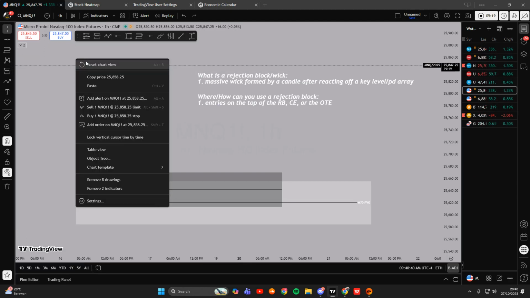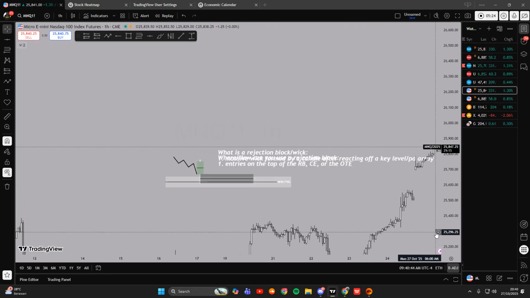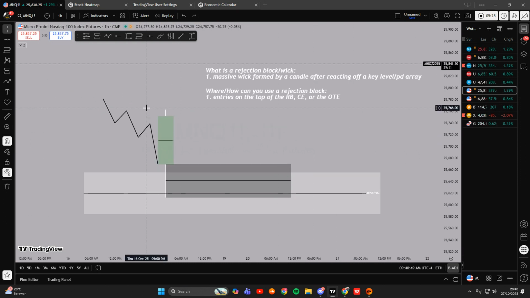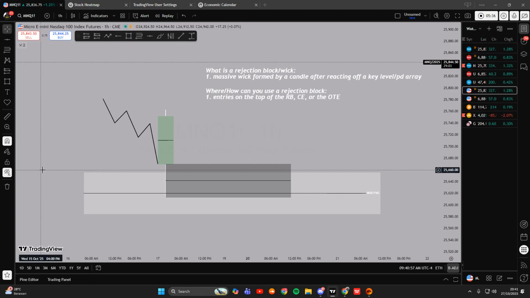What you wanna keep in mind with rejection blocks is that not all rejection blocks work, because in the end it doesn't matter if the rejection block looks clean.